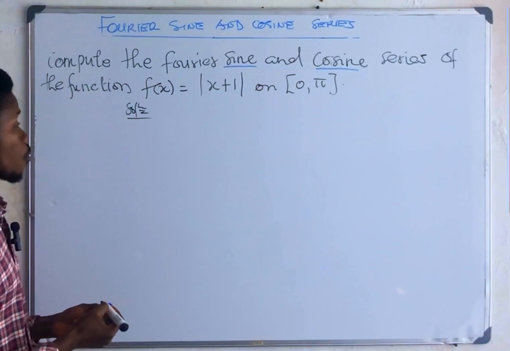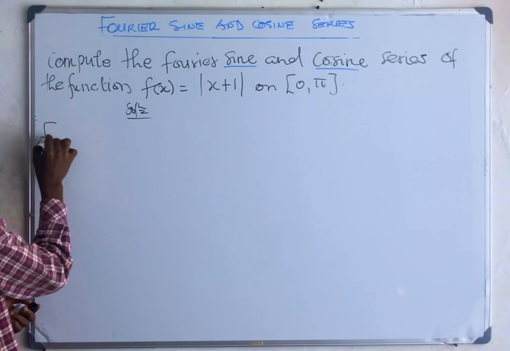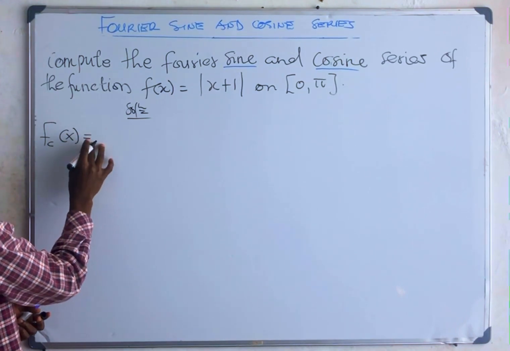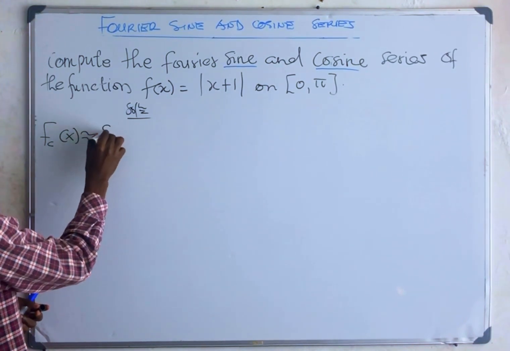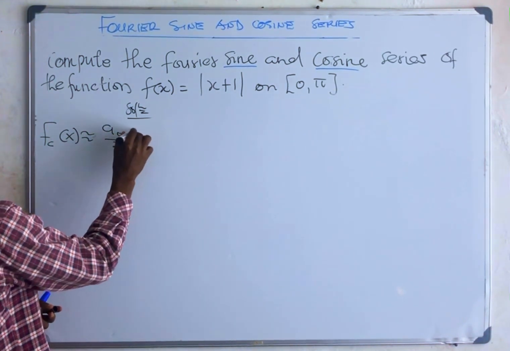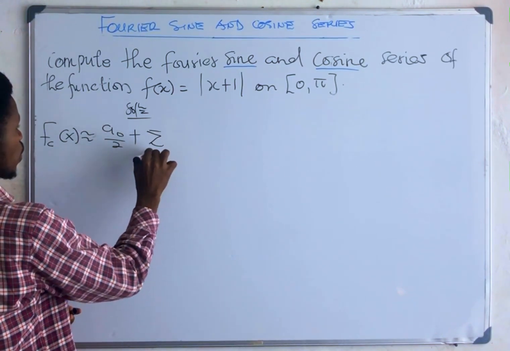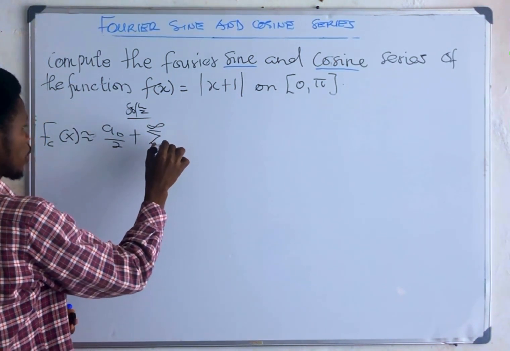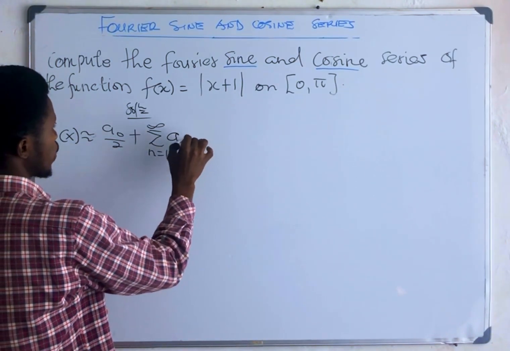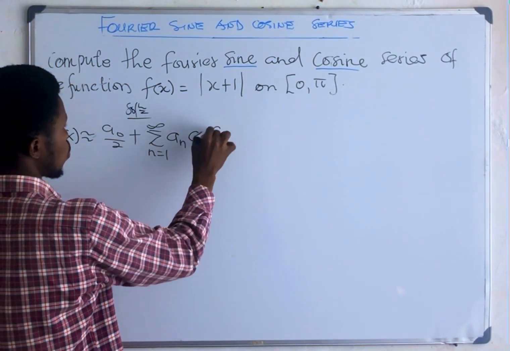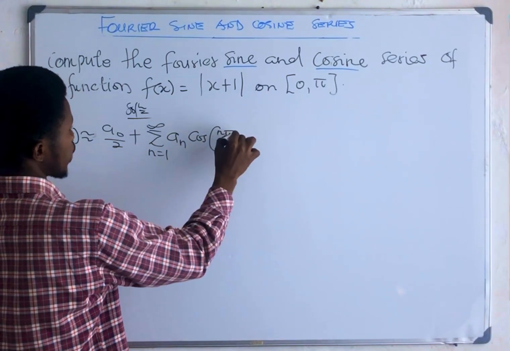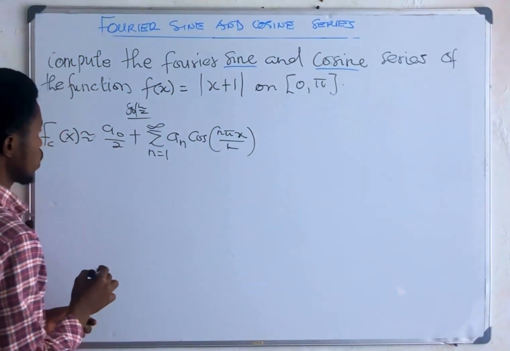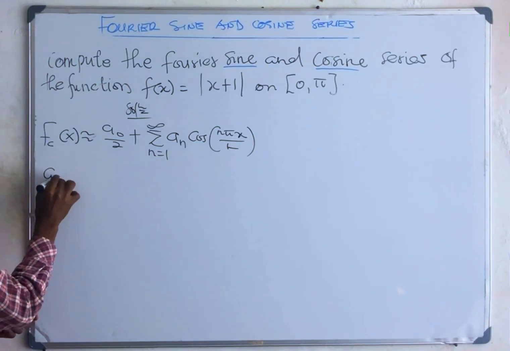So for the Fourier cosine, we know that Fourier cosine of x is given as a naught over 2 plus summation n equals 1 to infinity an cos n pi x over what? L. So you need to find a naught.